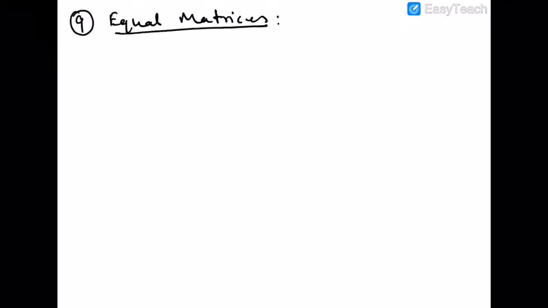Now equal matrices. Two matrices can be equal if and only if they are of the same order.